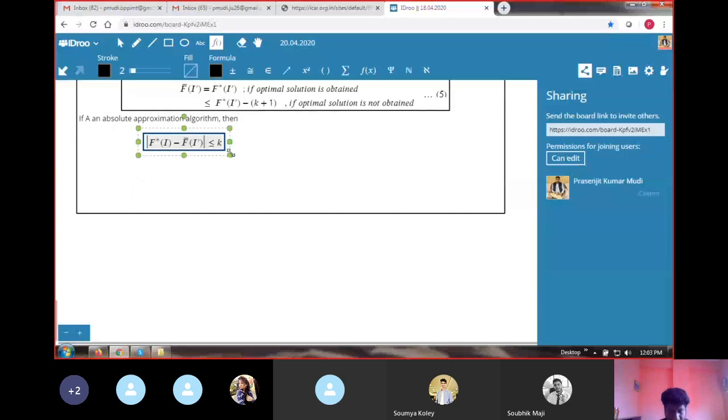Less than or equal to k. This we must have if A is an absolute approximation algorithm.